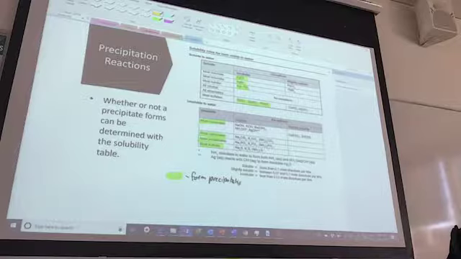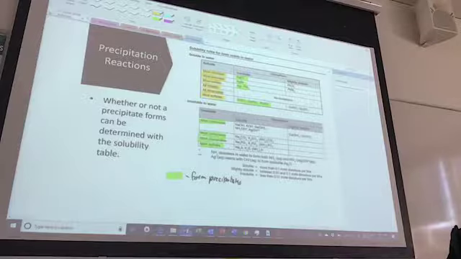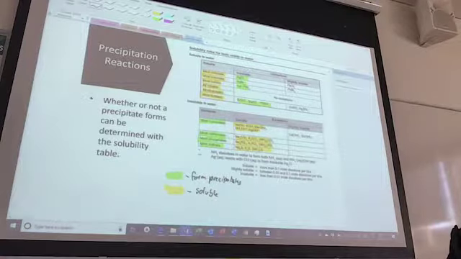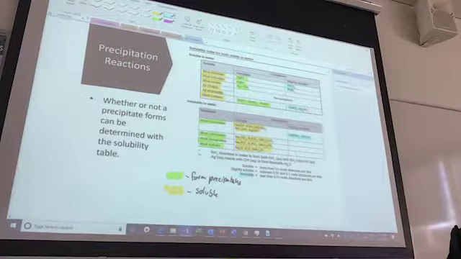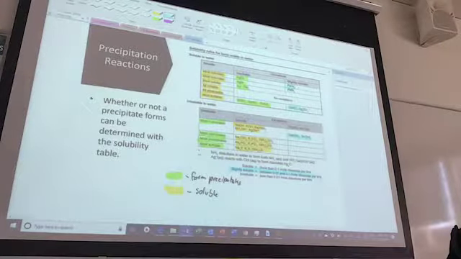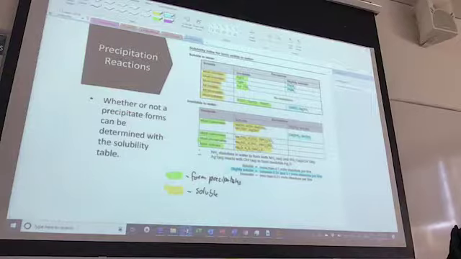And these ones, taking into account the exceptions, are all soluble. And these ones are only slightly soluble, and bearing in mind that our slightly soluble definition is between 0.1 and 0.01 moles dissolving per litre.